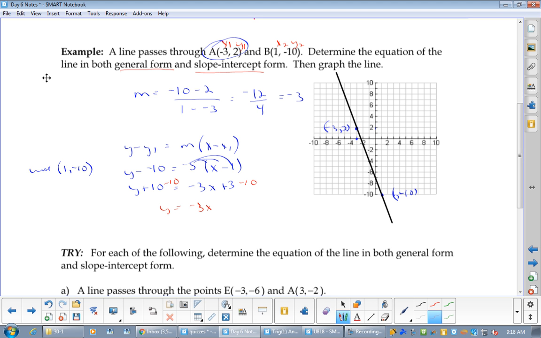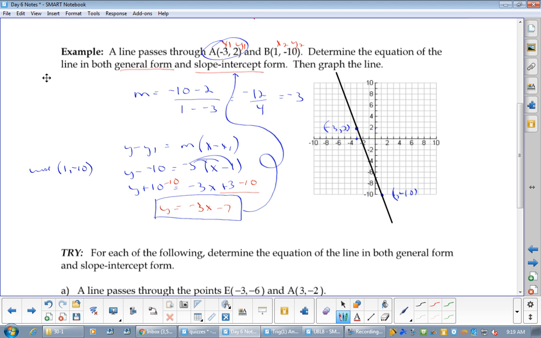Okay, so what would I be left with here when I combine these two? Negative 7. This is my, what do we call it? Slope-intercept form, correct? Now, what do I need to do to get this to general form?